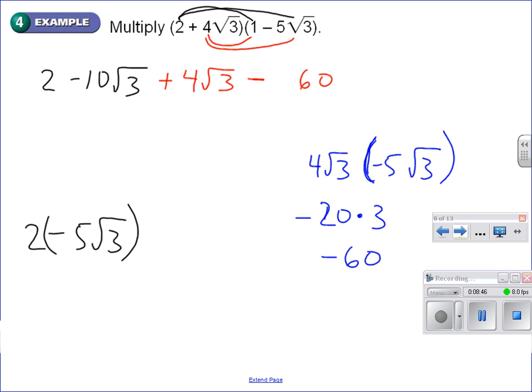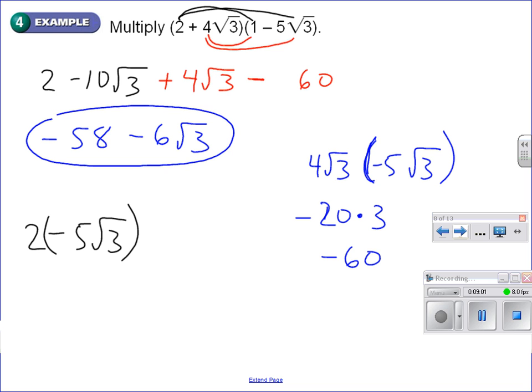What's 2 minus 60? Negative 58. Okay, and I've got a square root of 3 with both of those, so I've got minus 6 square root of 3.